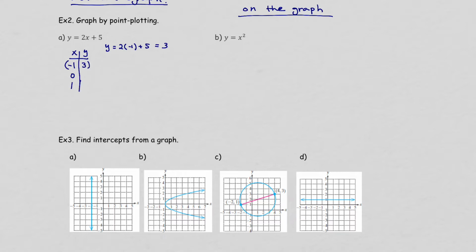You just pick and choose whichever numbers. You don't want to use larger numbers because you do need to graph it. Let's see, if x is 0, it will be 2 times 0 plus 5, which is going to be 5. And when x is 1, you will get 7.